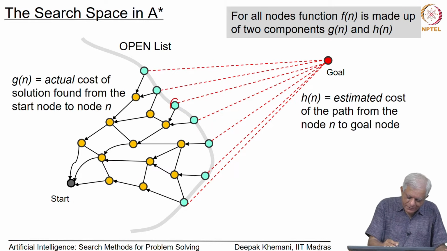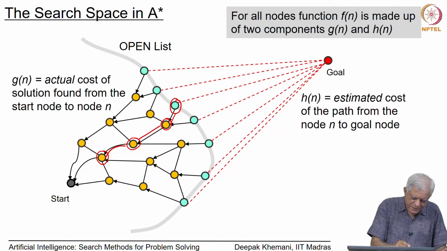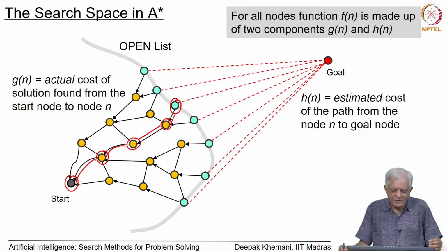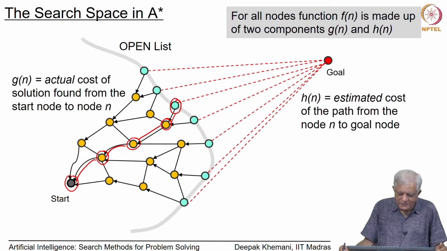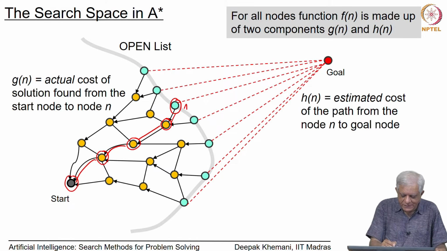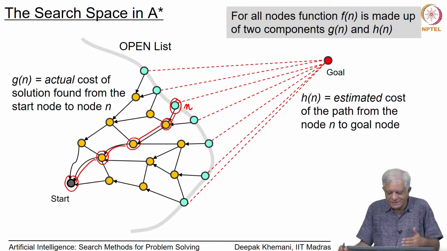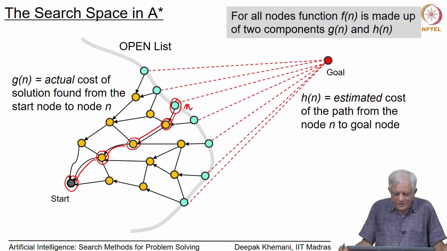So, for example, if you are looking at this node, then the best path found is from here to here, and from here to here, here to here, and here to here. So, the sum of these edges would be the cost of the path found to this particular node n, and the dashed edge would represent the estimated distance to the goal, and A star uses a sum of these two estimates.